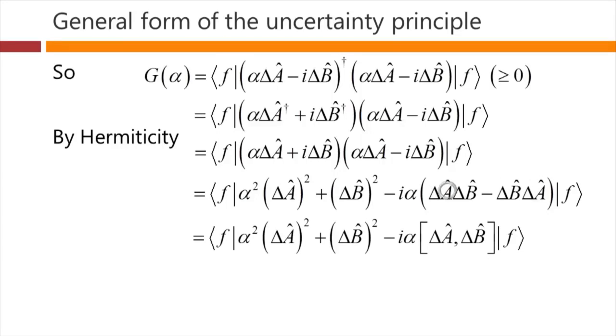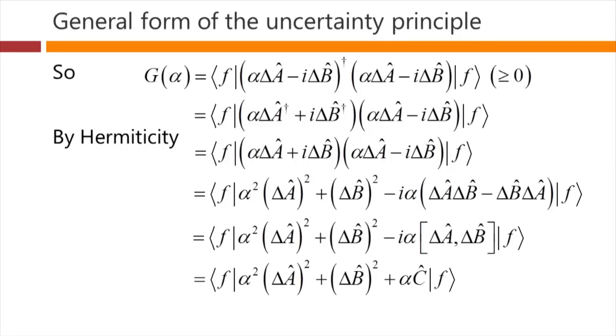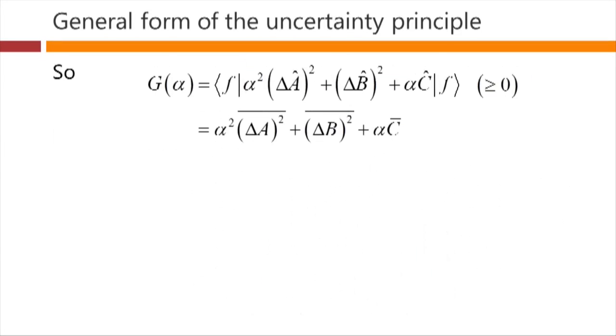Well, this here is just the commutator of delta A and delta B. And we know that the commutator of these, by definition, we're going to have that as IC here. So that means that we can rewrite this in the following form down here.